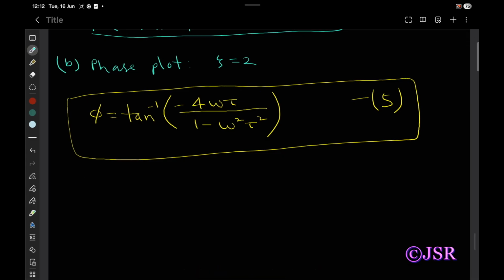So when omega is very small or omega tau tends to 0, in that case the omega square tau square is very less.